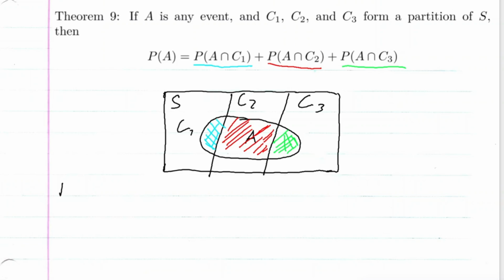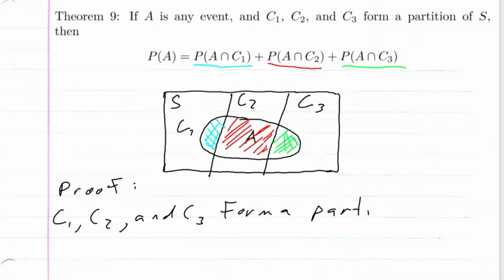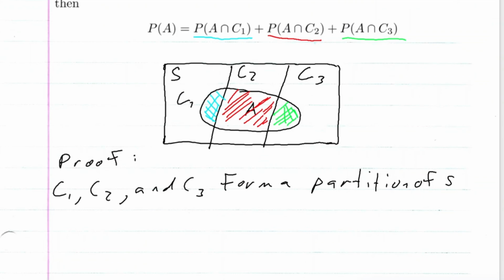Okay, so proof. We know that C1, C2, and C3 form a partition of S. This implies that their union, C1 union C2 union C3, is equal to S, and that the intersection of each of these sets is empty.